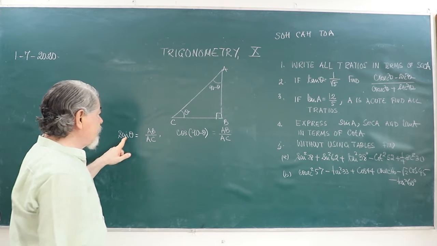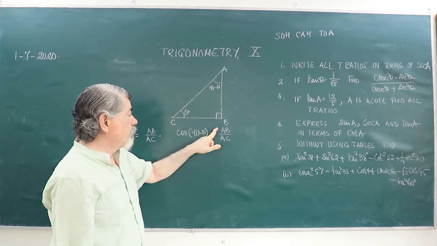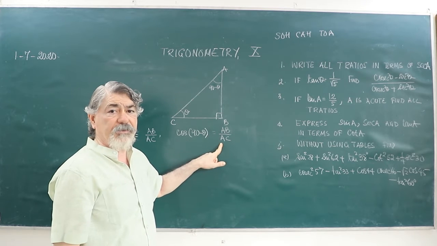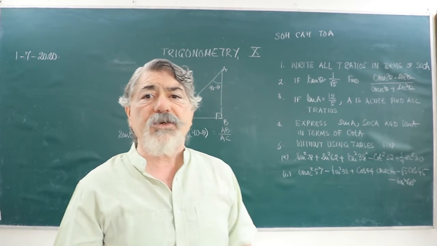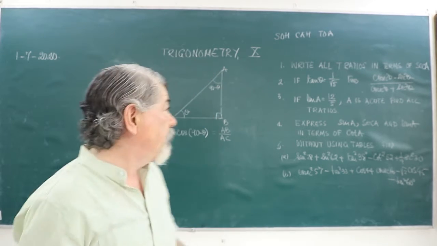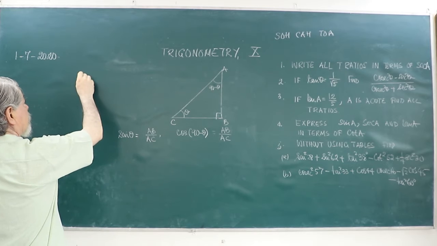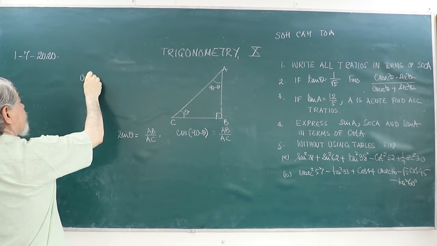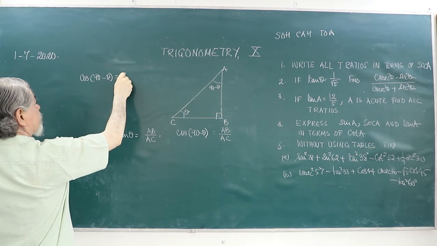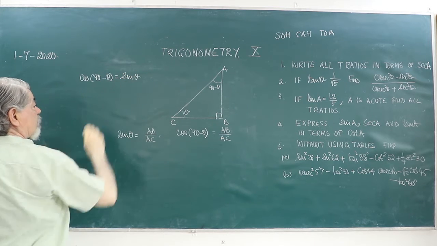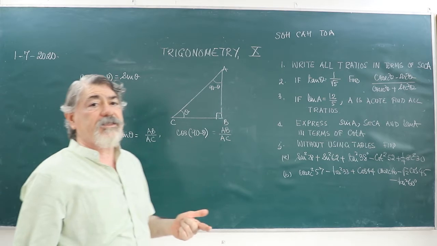Do you realize sine theta is AB upon AC, cos 90 minus theta is AB upon AC. They are the same. That means cos 90 minus theta is sine theta, or sine 90 minus theta will be cos theta.